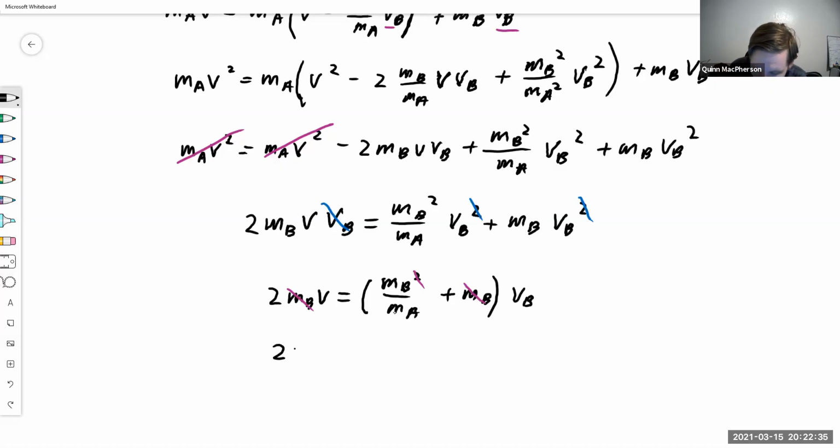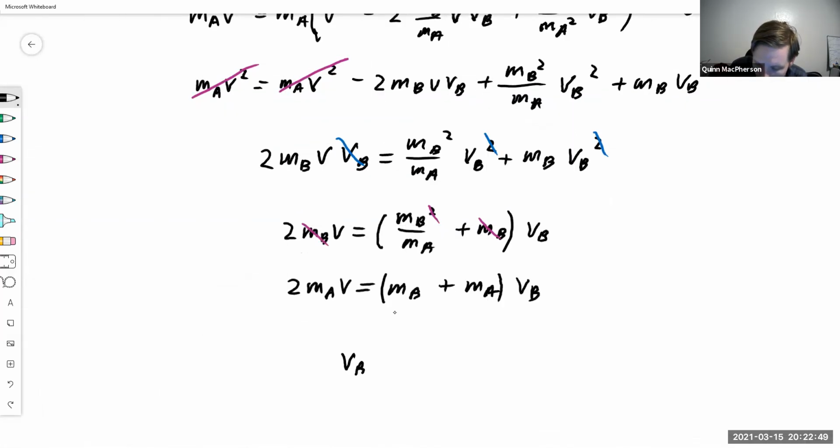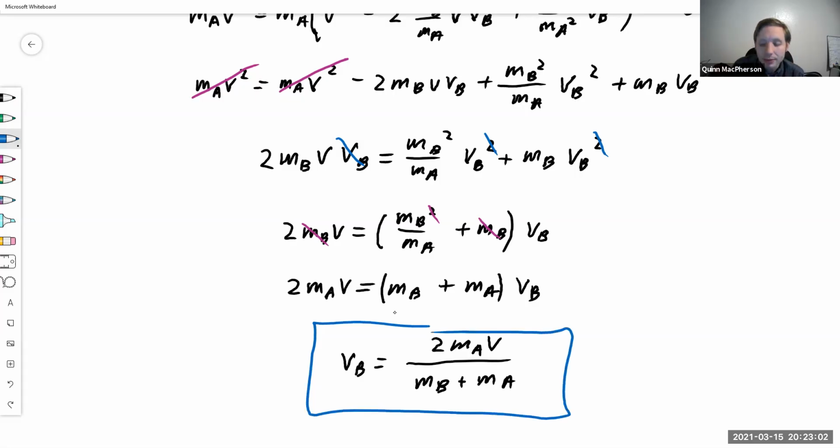So I get 2 MA V is equal to MB plus MA VB, or in other words, VB is equal to 2 MA V over MB plus MA. Cool. So that is the velocity of block B.